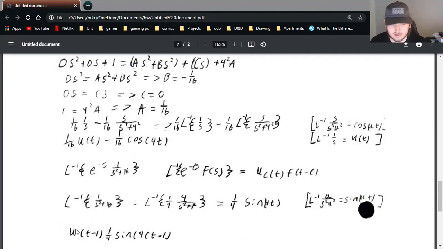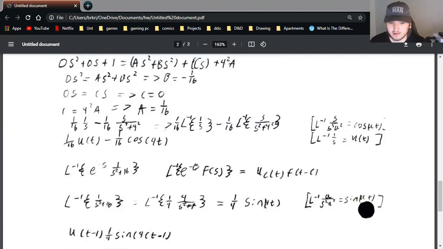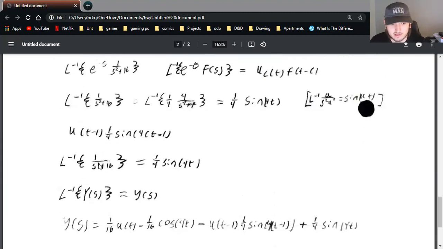It'll be u subscript 1 (we don't show the 1) of t minus 1 times 1/4 sine of 4 times t minus 1, and that is the inverse of this part. The third one is 1/s squared plus 16. We did that, so its inverse is already 1/4 sine of 4t.